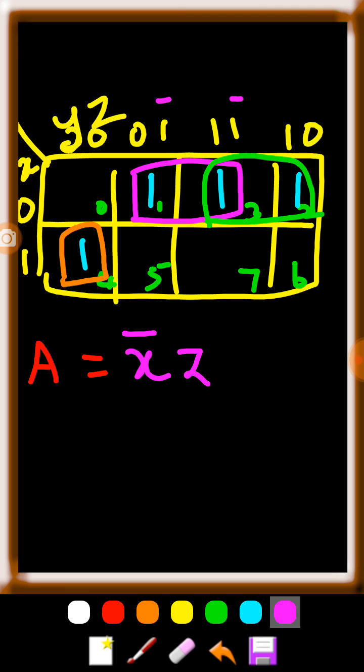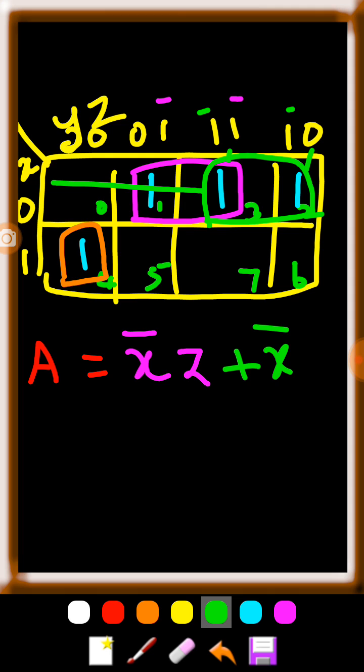So x bar z for the pink one, and for the green one, if you extend it row wise, the value of x is 0, so you have to consider x bar, and if you expand column wise, the value which is not changing is y, and the value is 1, so you have to consider x bar y.